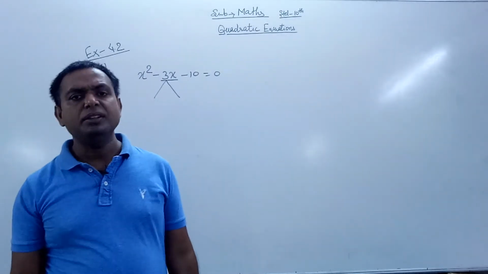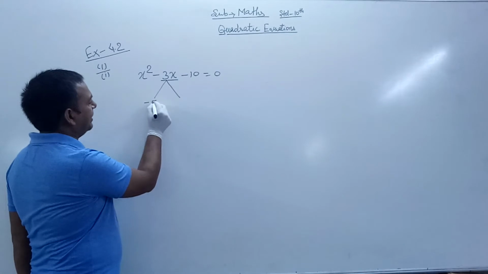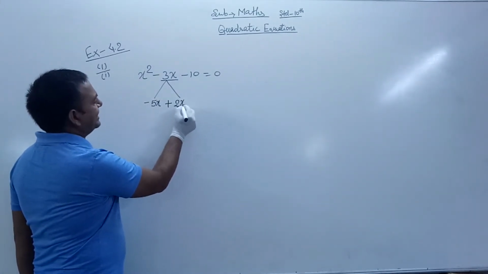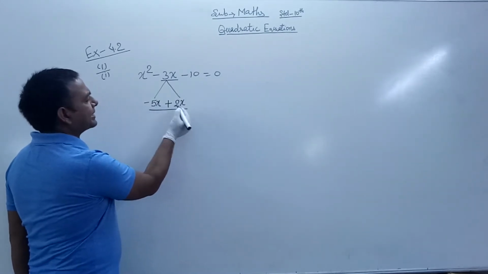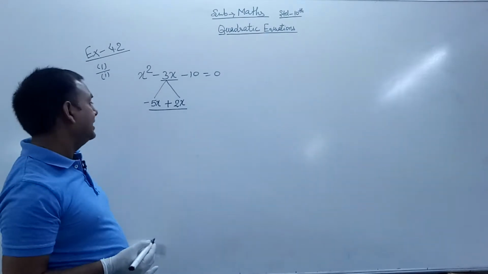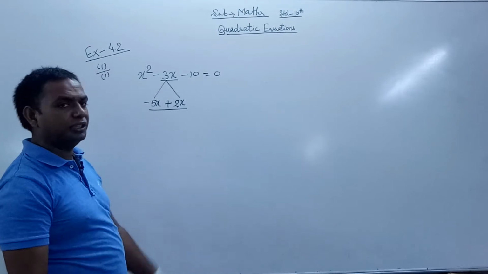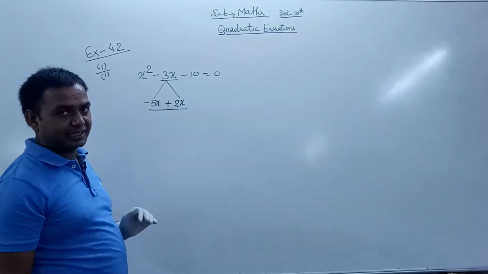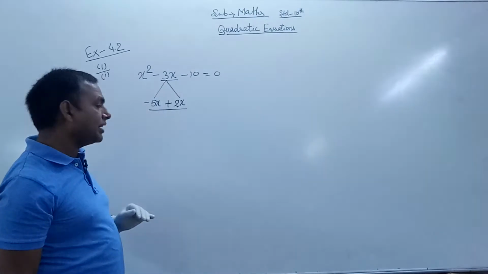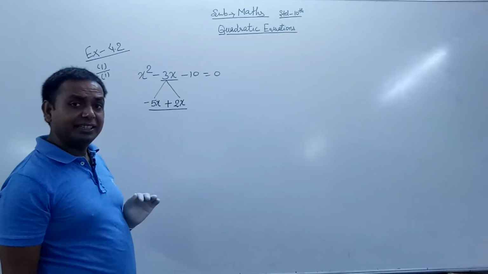You see, it is minus 5x and plus 2x. Minus 5x plus 2x is equal to minus 3x, and if you multiply minus 5x with 2x, it is equal to minus 10x square.